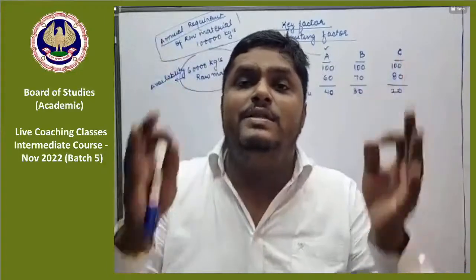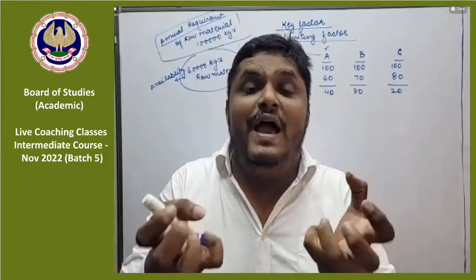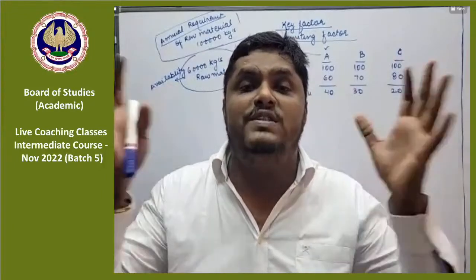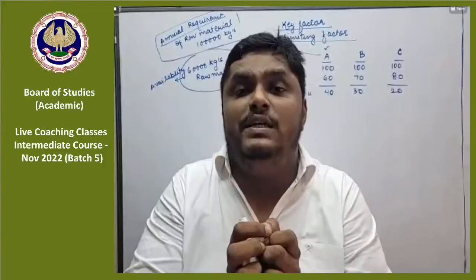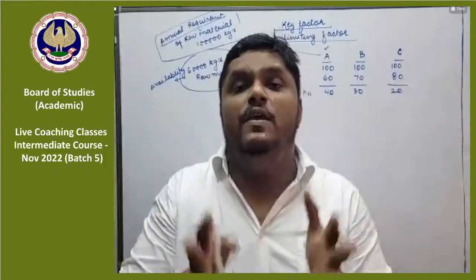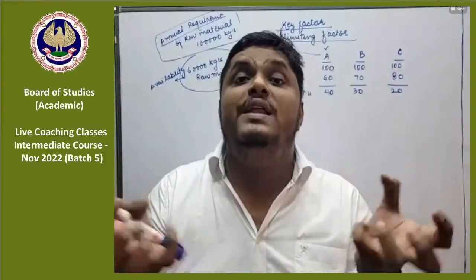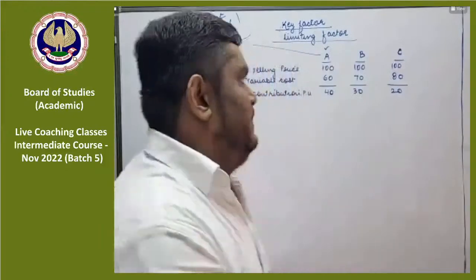Now, in this question, my raw material is in limited supply. We have scarce resources, not sufficient resources. We have a scarcity of resources, and in this particular case, a scarcity of raw material. So in this case, my raw material is my key factor or limiting factor.